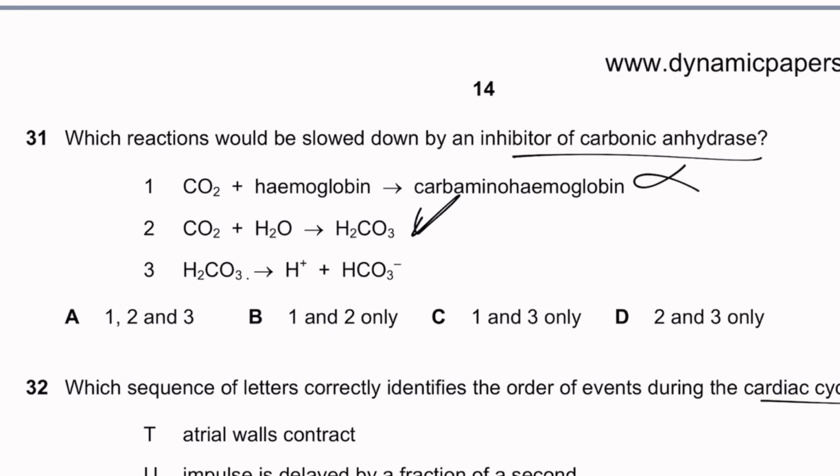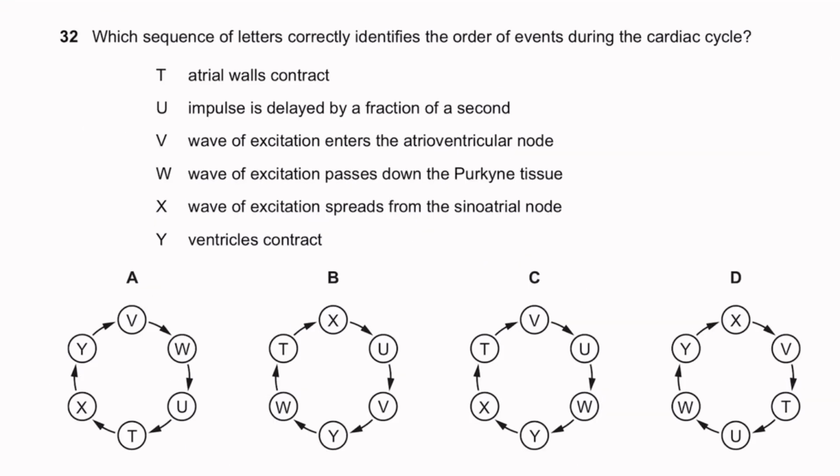However, H2CO3 turning into hydrogen ions plus carbonate ions, you can see basically here that H2CO3 is the reactant. So I suppose that since this is the product, and if we inhibit this reaction, there will be no more carbonic acid. This means that this guy will also be affected, I suppose. So this would also be slowed down. So it's 2 and 3, which is D.